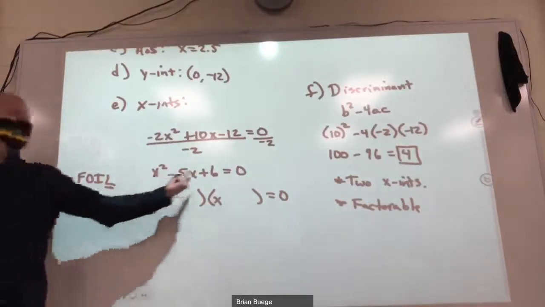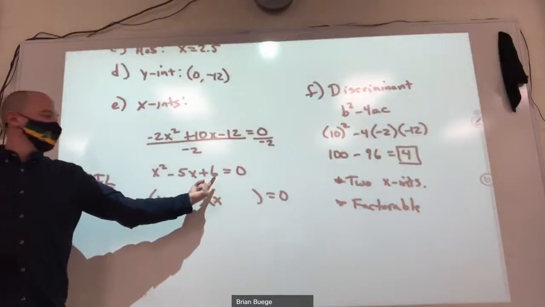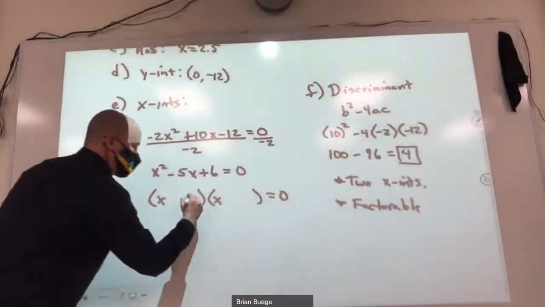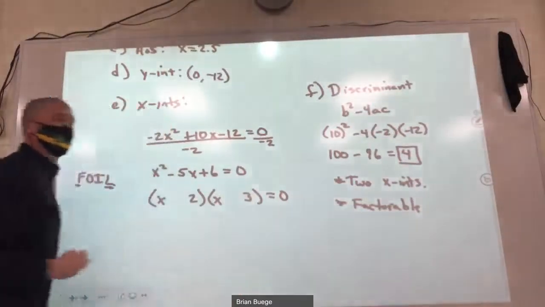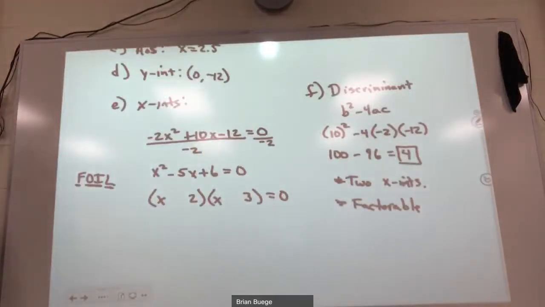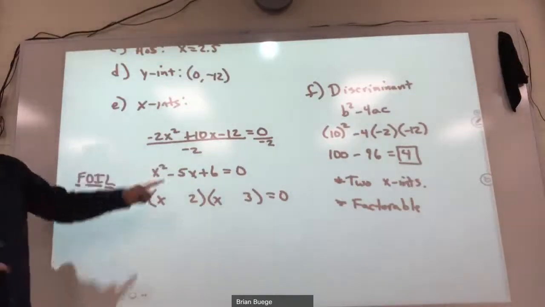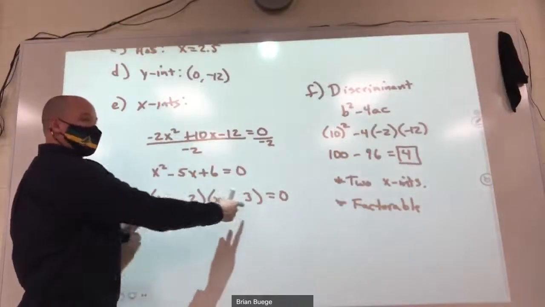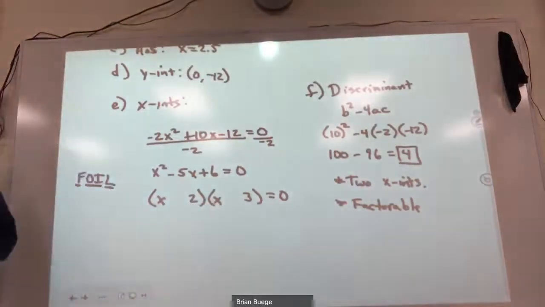Then we go factors of the last term, which in this case we've got 6 and 1 and we've got 2 and 3. I'm going to start with 2 and 3. And here's where the O and I come into play. If you remember, you check the outside and the inside to see if you can get that middle term. Okay? And you got to keep in mind the signs. So I end up with a 2x and a 3x. I can get 5x.